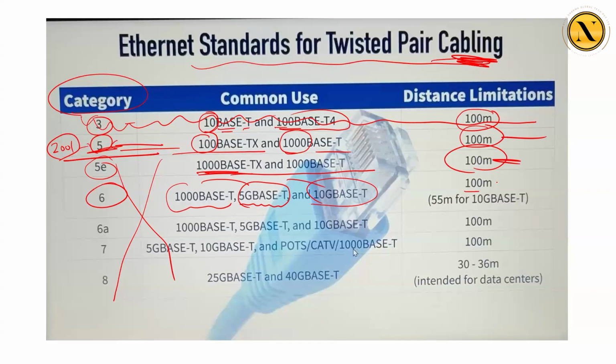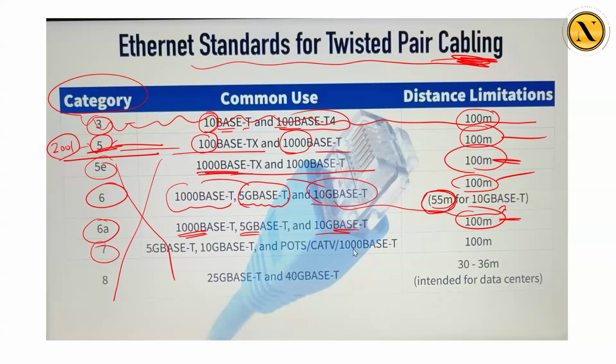Length can be 100 meters, but for 10GBase-T the maximum length is only 55 meters. Then if you are using Cat 6A, this copper cable in your company, you can go up to a maximum of 100 meters only, and you can get gig, 5 gig, 10 gig, whatever speed.